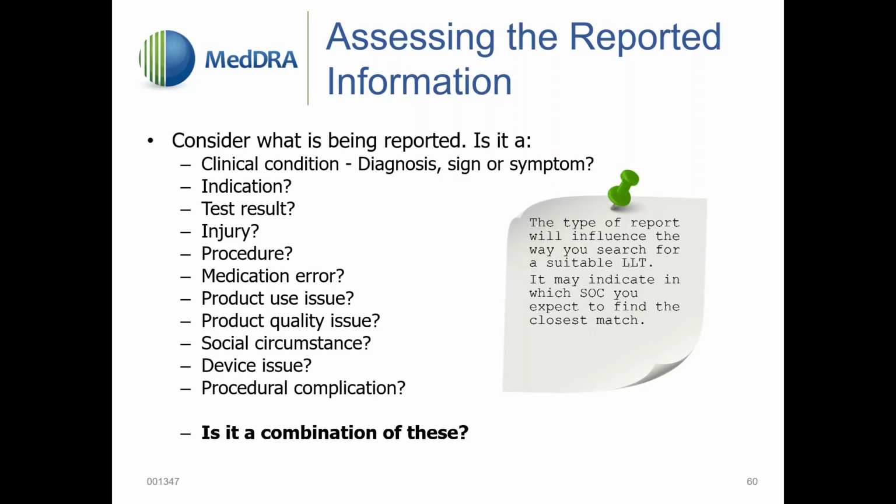And always tick the Use Synonym List feature in the browser to further support your search. And if you have found a somewhat suitable term, look at the neighbors. There may be even better, more specific terms for your verbatim. If not successful, browse the MedDRA hierarchy with a top-down and bottom-up approach.